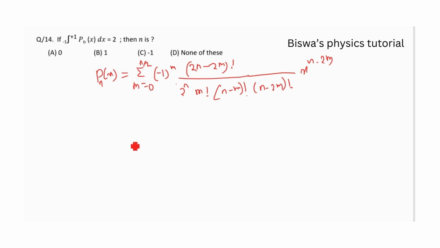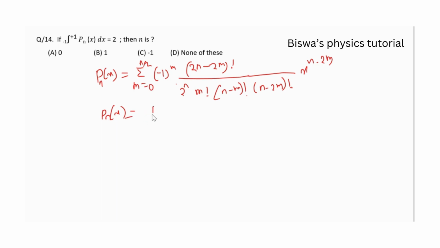It has another formula also, which we denote in a very simple way. Pn(x) is given by the recurrence formula, Pn(x).